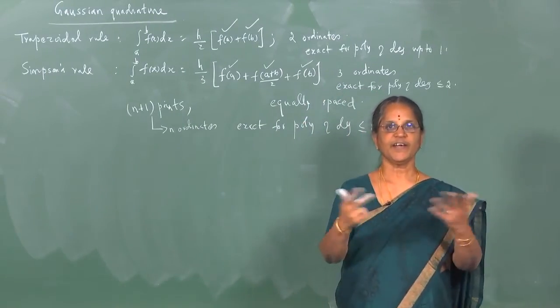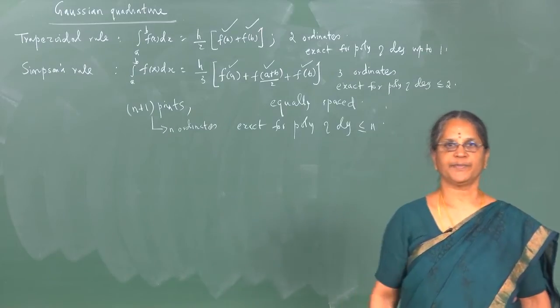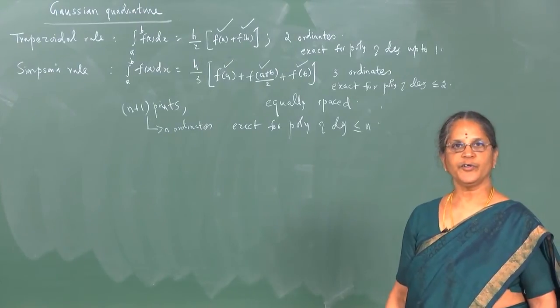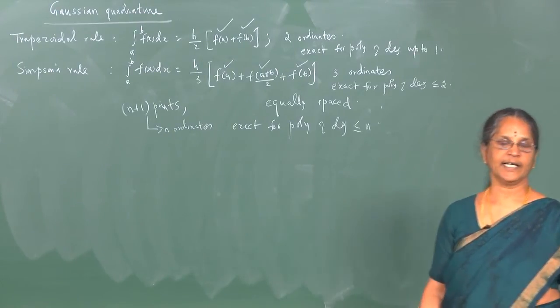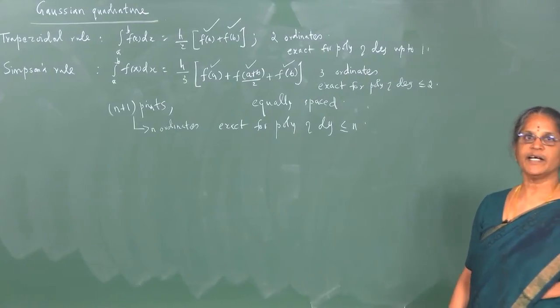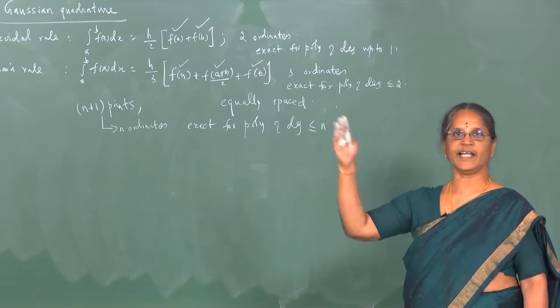So, if you sacrifice the requirement that the nodes within that interval must be equally spaced, it is possible for you to construct an integration method such that the method is exact for polynomials of degree greater than n.